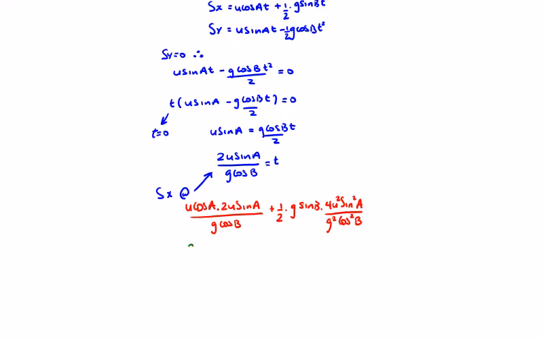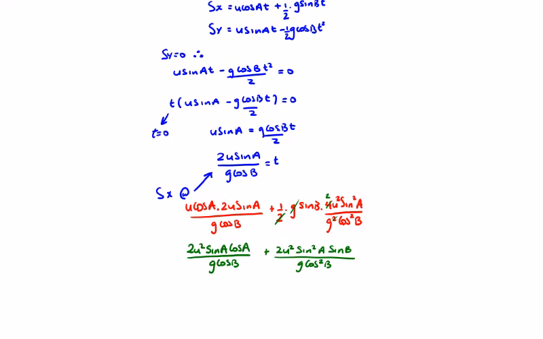So tidying this up, we get 2u squared sin a cos a over g cos b. 2 divides into 4 twice. The g will cancel with the squared, so we're going to be left on top with 2u squared sin squared a sin b over g cos squared b.